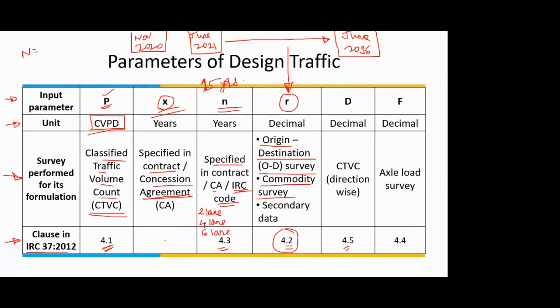So if you extract that much data, that okay, this is the vehicle, suppose it's a 2-axle truck, and it is carrying, suppose, wooden furniture, so that is the commodity it is carrying. Such type of data that you extract is nothing but the commodity survey. So OD survey, commodity survey, along with some secondary data, will give you enough data or input to calculate the growth factors.